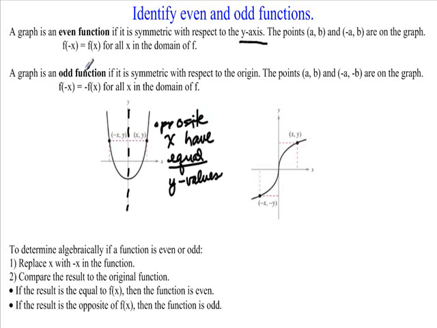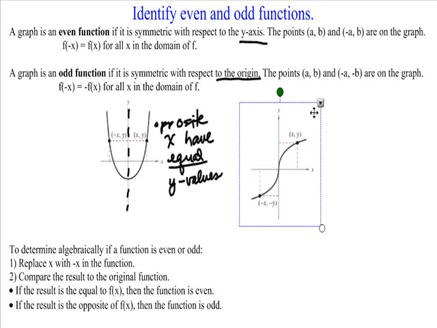A graph is odd if it is symmetric with respect to the origin. Now, to be symmetric with respect to the origin basically means that you have to fold the graph along the x-axis and y-axis, and then if the graph lies on top of itself, then it is odd. So let me illustrate that with this particular graph I have here.